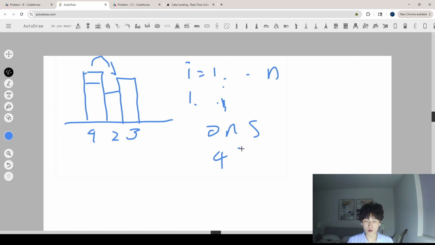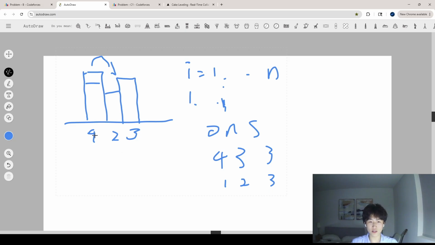So the answer for the second index would be 3, and for the last index it would also be 3, where you don't have to change anything compared to the second index because this value is already 3 and all the values from 1 to I will be equal.